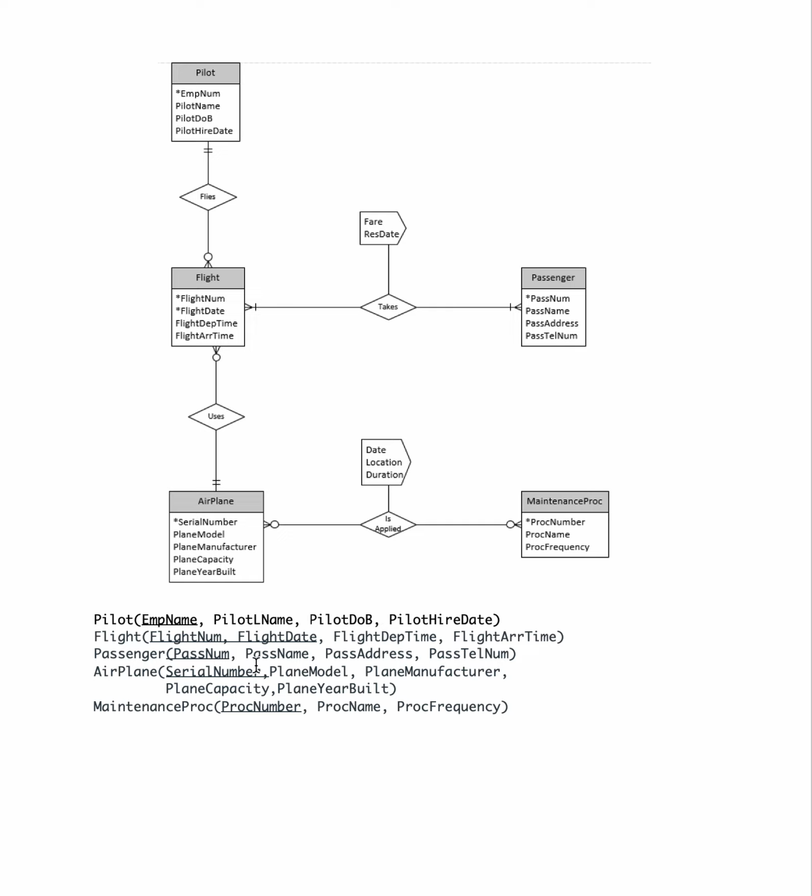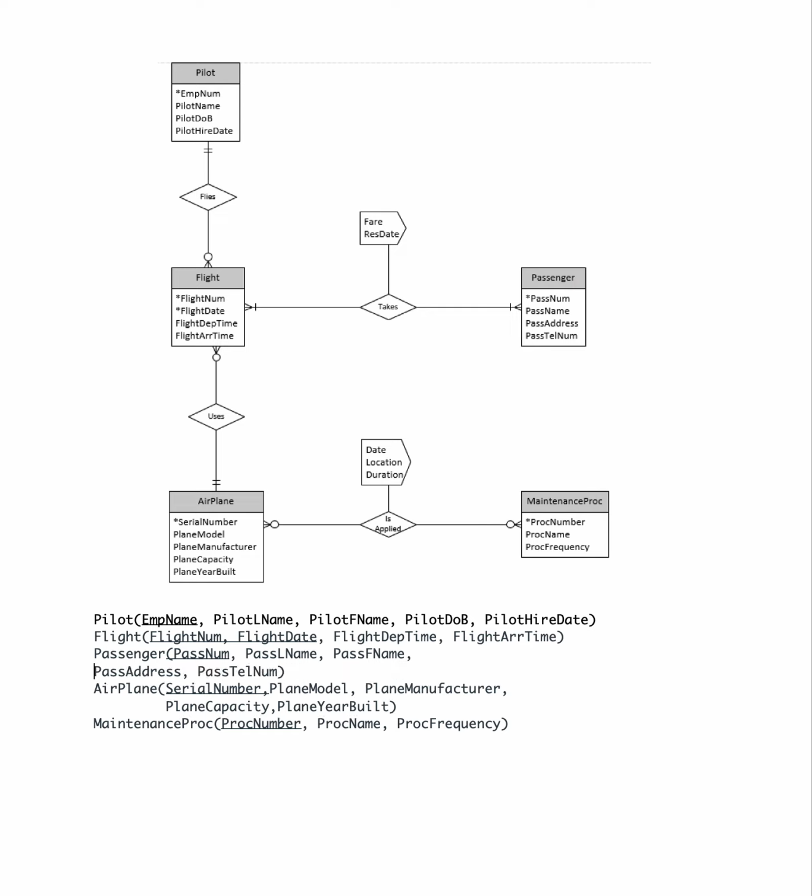So we get pilot last name, pilot first name, and we'll leave the rest. We're going to do the same for passengers: passenger last name, passenger first name, and then the same for passenger address.